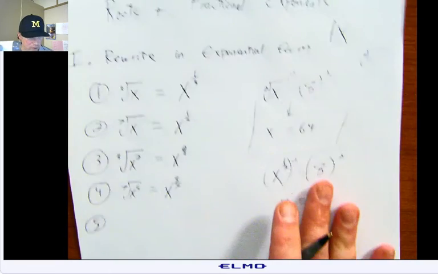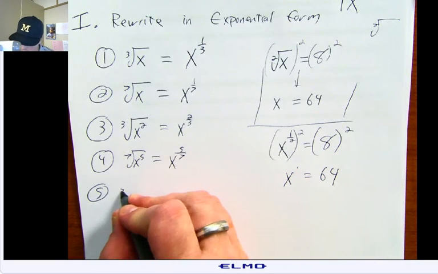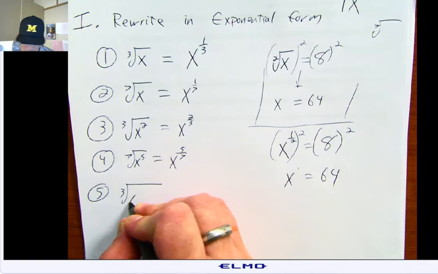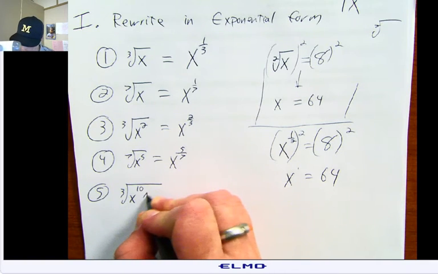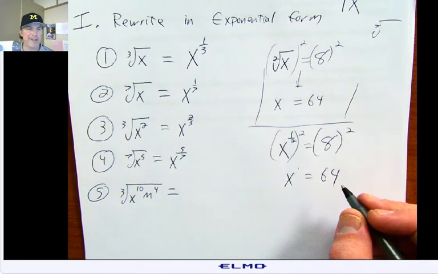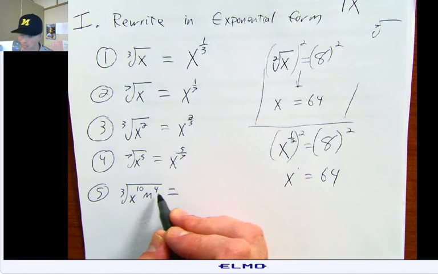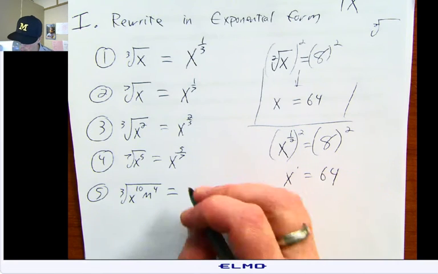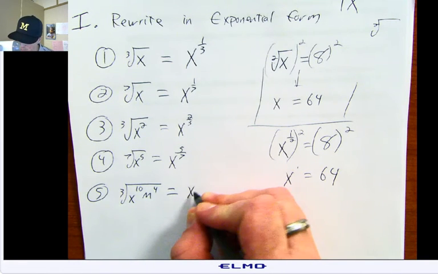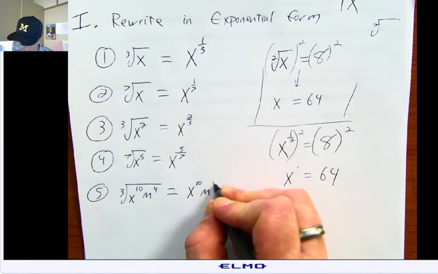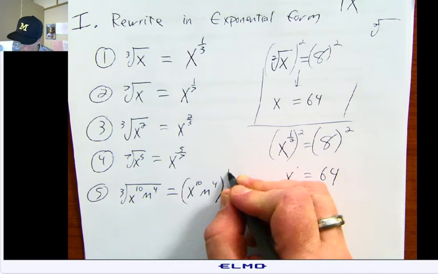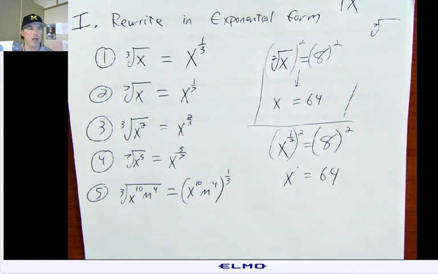Sometimes you may have more than one variable in there, so let's say it was the 7th root of x to the 10 and m to the 4. Well, you just need to apply this fractional exponent to both the 10 and the 4. One way you could look at it is that this is x to the 10, m to the 4, all to the 1/3 power, because it's now in exponential form.